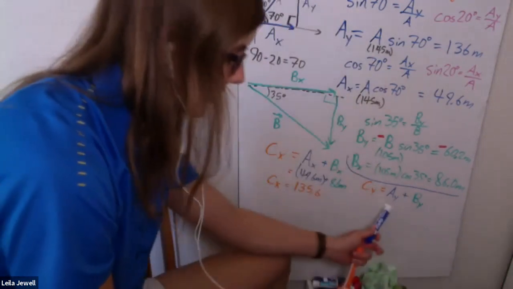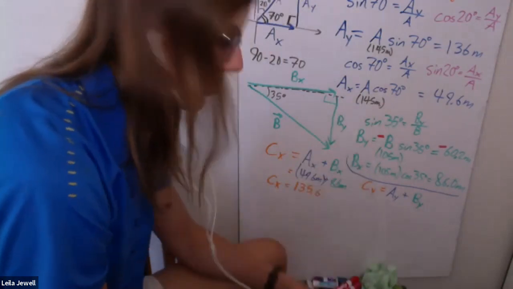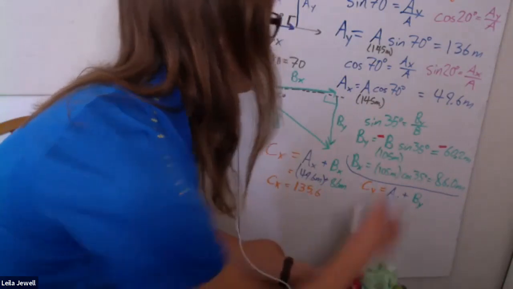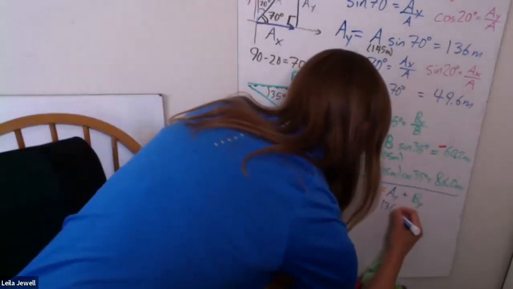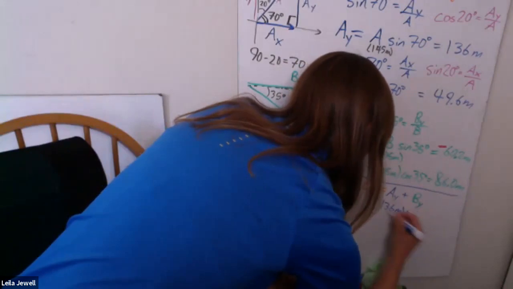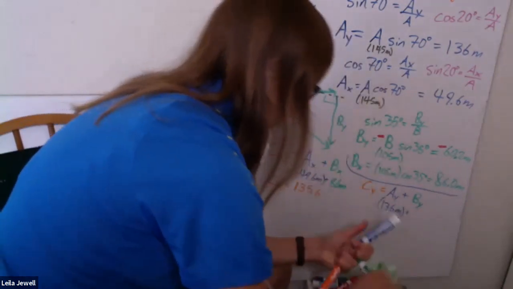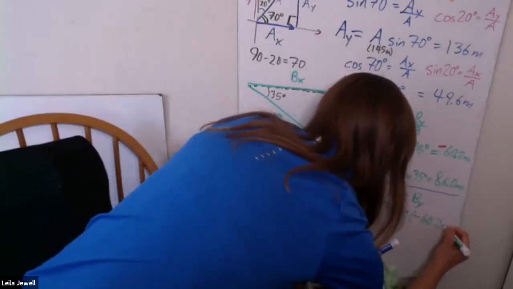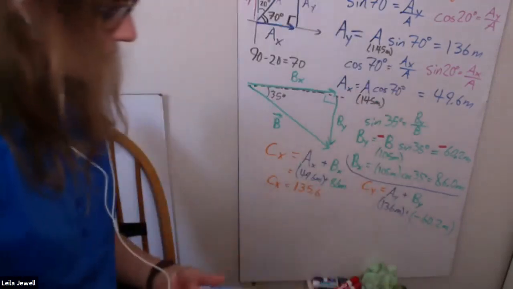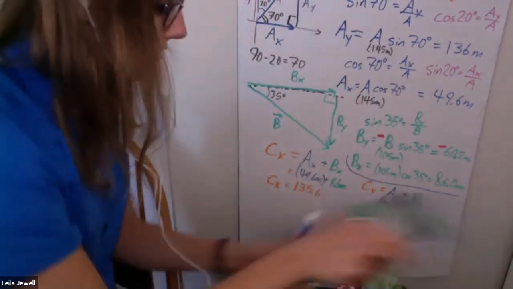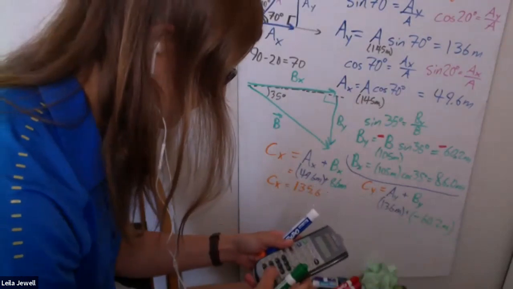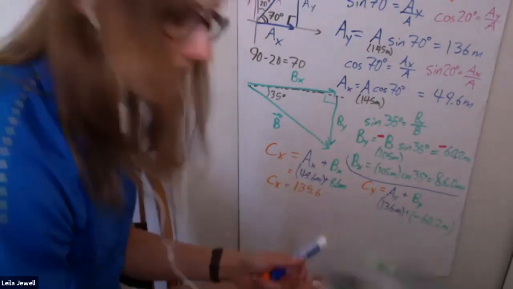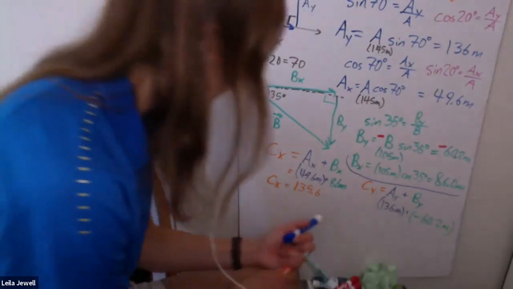And to me, that makes more sense, that we're just adding these components, and b sub y is a negative component because it's going down. So A sub y is the 136 meters plus B sub y is the negative 60.2 meters. So 136 minus 60.2 is 75.8.